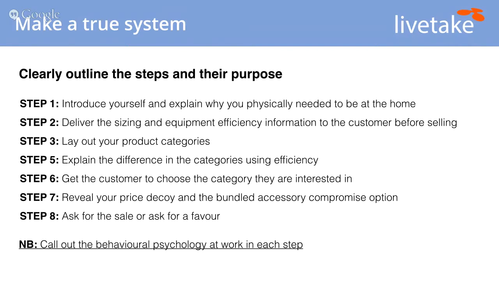The other thing is when it's laid out in steps and you know what each step on its own is trying to do, then when you get into the nonlinear conversation that you really are going to get into with a customer, you're not going to get thrown off, right? You're not going to not know where you are. You can jump around in the steps, but because they're all contained in themselves around what they're trying to achieve, you still know what it is you're trying to do, right?